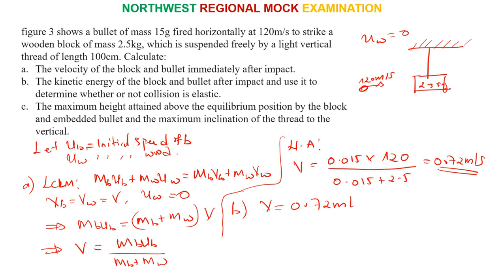The speed is already 0.72 meters per second, and so the kinetic energy will be given by a half times the mass of the bullet plus the mass of the wood, all of these times their common speed squared. So this is a half into 0.015 plus 2.5, all of these times the speed 0.72 squared.